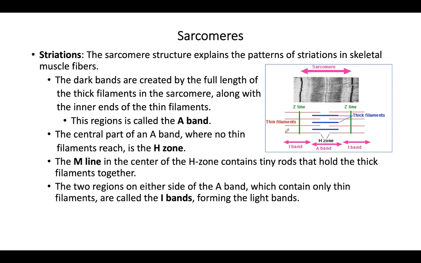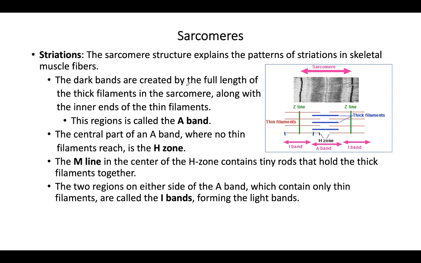If we look at thin filament from here up to here, some portion of thin filament overlaps with thick filament, but does not include this thick filament. Only thin filament region is called the I band. Only thick filament region is called the A band.